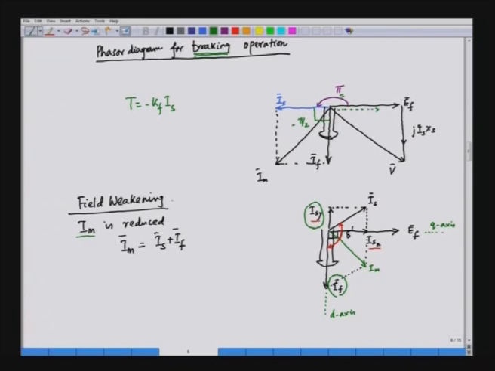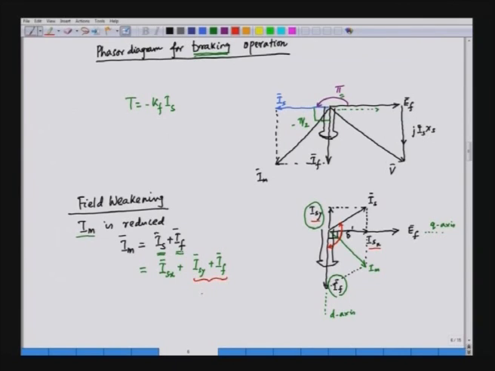We are talking about the field weakening condition, and Im is equal to the stator current plus the field current. The stator current has components Isx plus Isy, plus If, and Isy is opposing If.